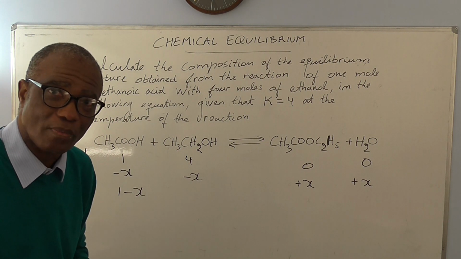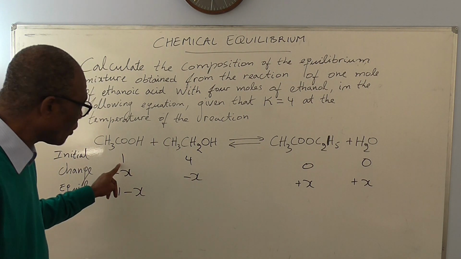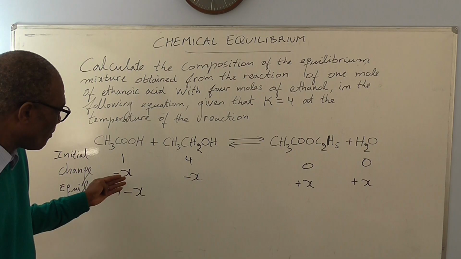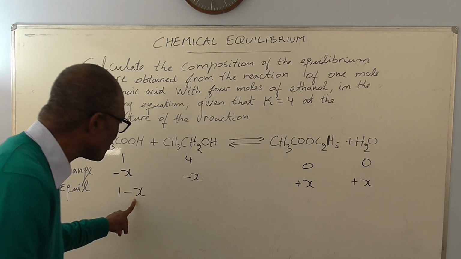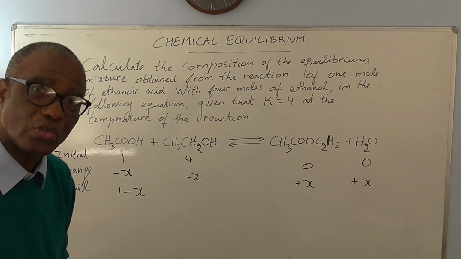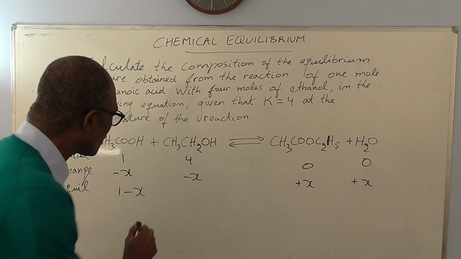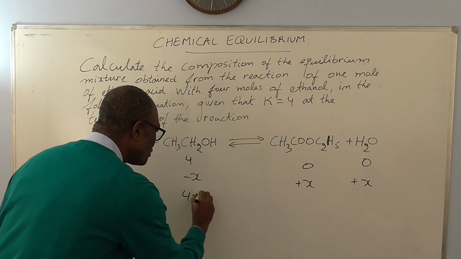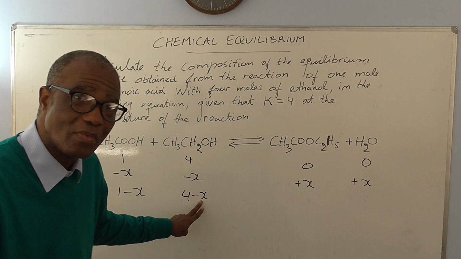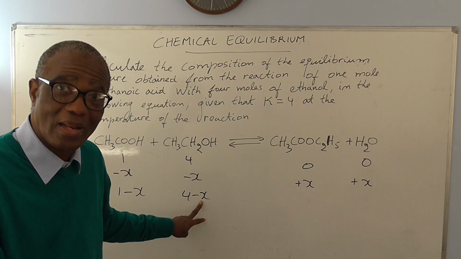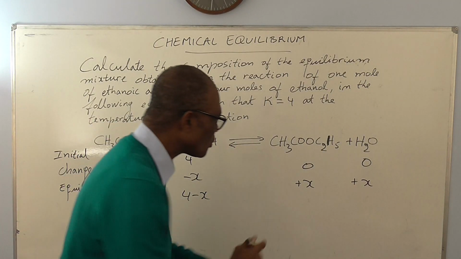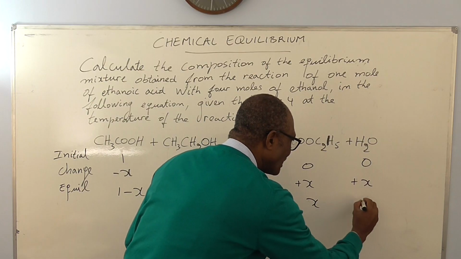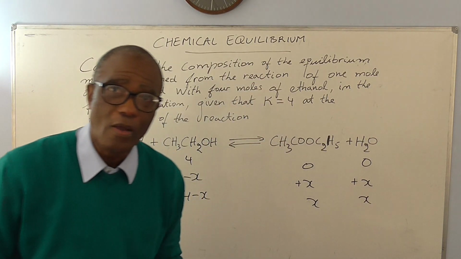So originally it was 1, but X has been consumed. Then at the equilibrium we have 1 minus X. And here we're going to have 4 minus X is the quantity that you are going to find in the vessel at the equilibrium stage. And over there we are going to have X and X.